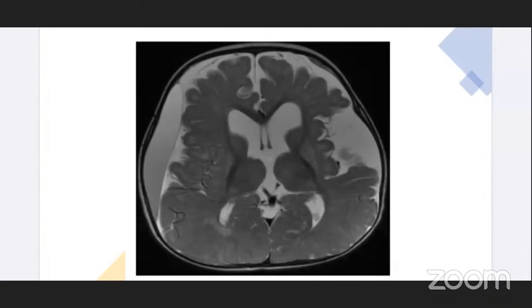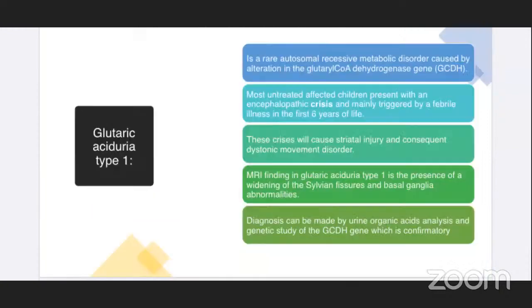So this is glutaric aciduria type 1. It is a rare autosomal recessive metabolic disorder caused by an alteration in the GCDH gene. Most untreated affected children present with an encephalopathic crisis following a febrile illness in the first 6 years of life. These crises cause striatal injury and a consequent dystonic movement disorder.